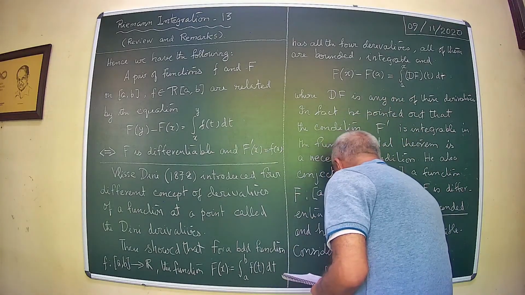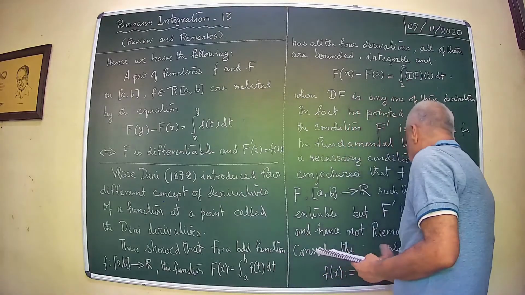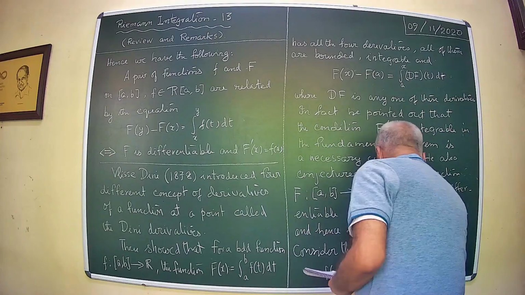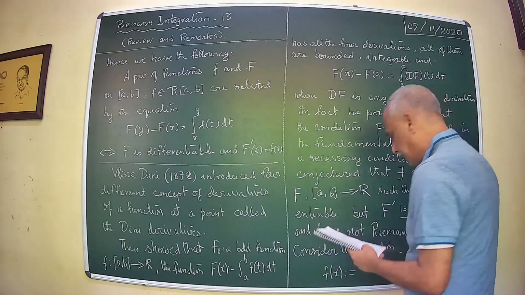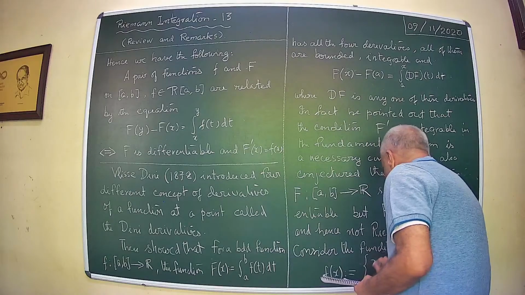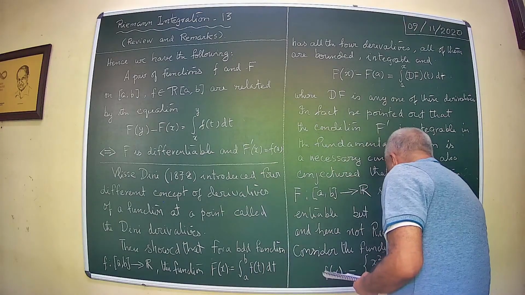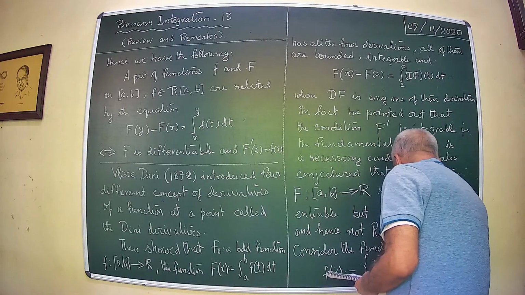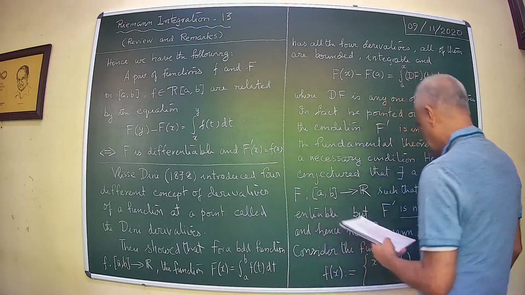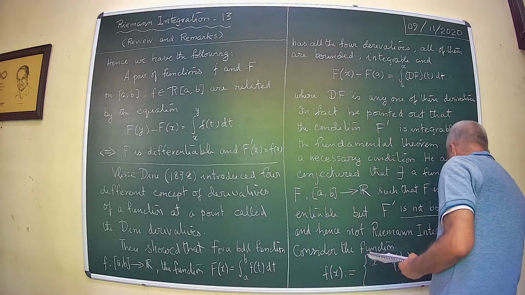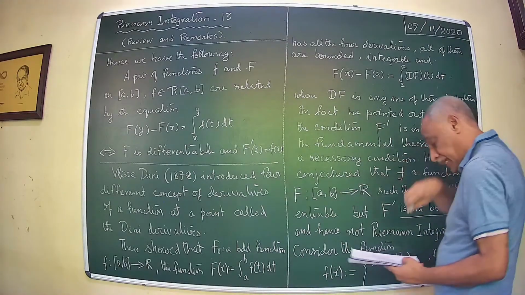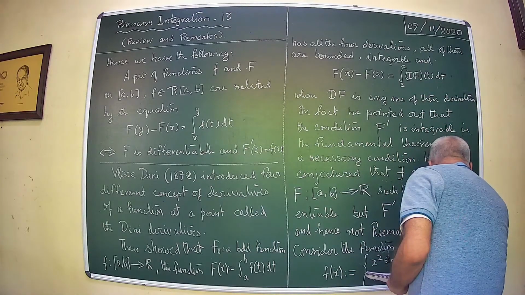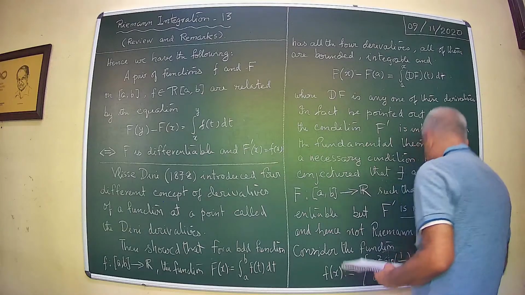Consider the function f(x) defined as x squared sine 1 upon x squared if x is not equal to 0, well defined, and equal to 0 whenever x is equal to 0.